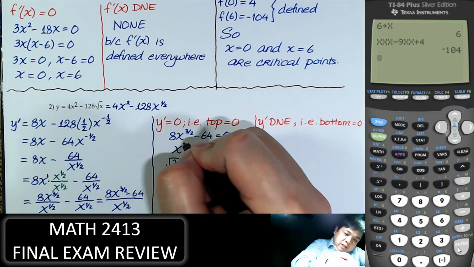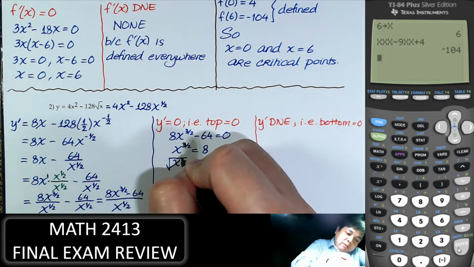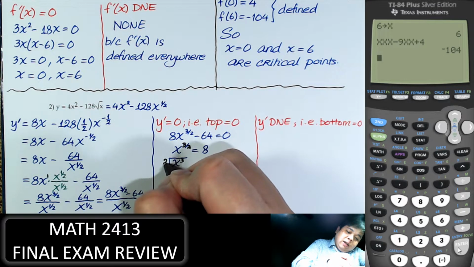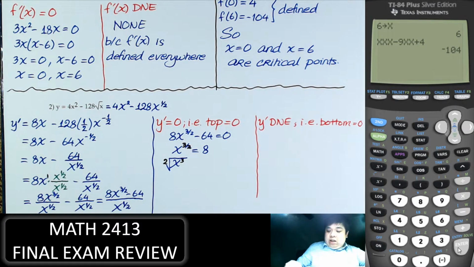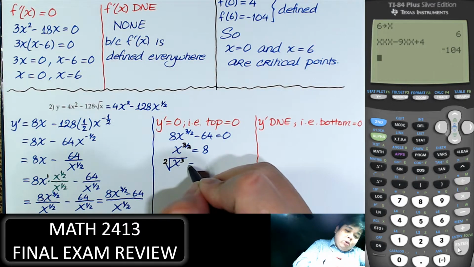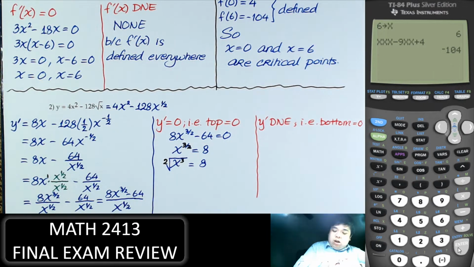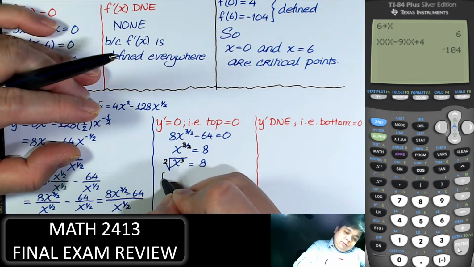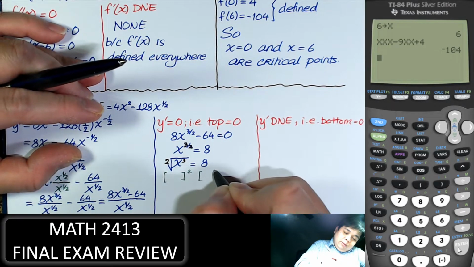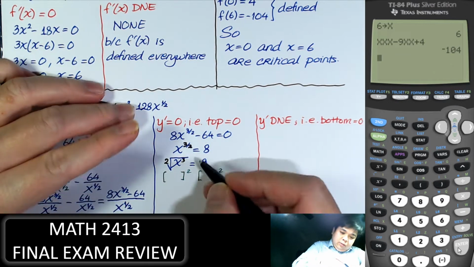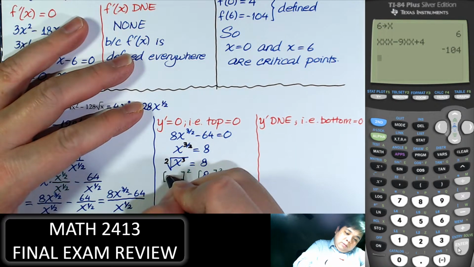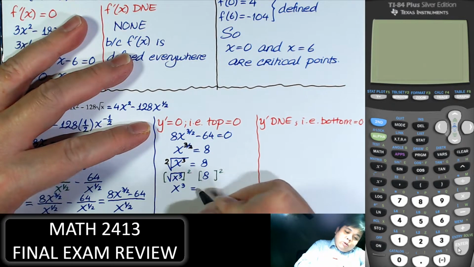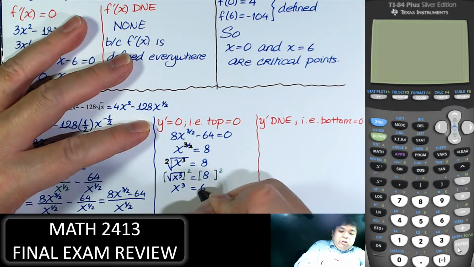Now x to the 3/2, if we rewrite it: the top is the power, the bottom is the index of the radical. So we have square root of x cubed is 8. Square both sides. That gives us x cubed equal to 8 squared, which is 64.